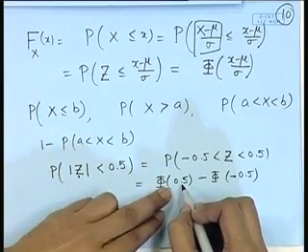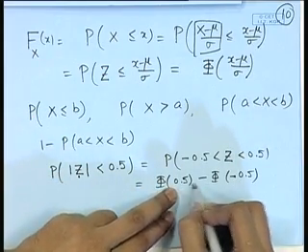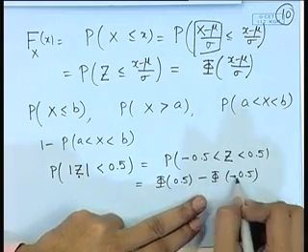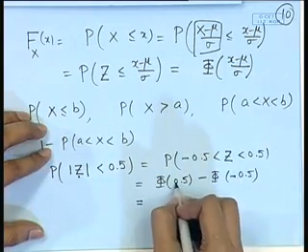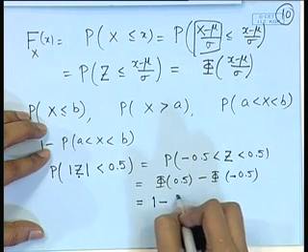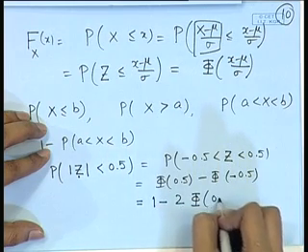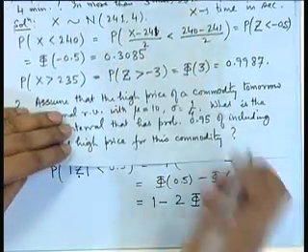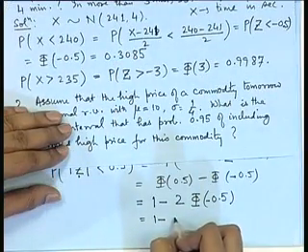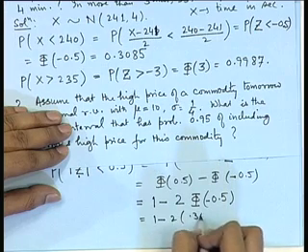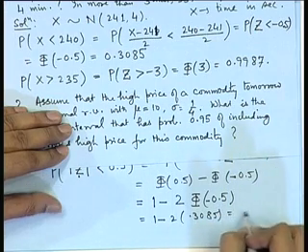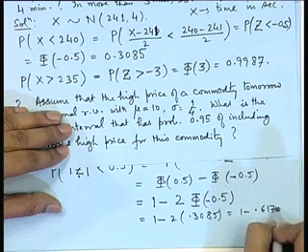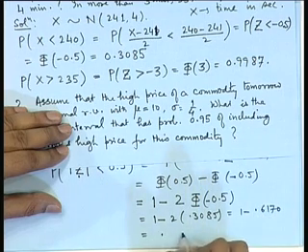Because the value of one of them needs to be seen, we need not see both of them: either we see phi of 0.5 or phi of minus 0.5, and the other one we can write as 1 minus that. So, this we can write as 1 minus twice phi of minus 0.5. The value of phi of minus 0.5 was 0.3085, so this is equal to 1 minus 2 into 0.3085, that is 1 minus 0.6170.